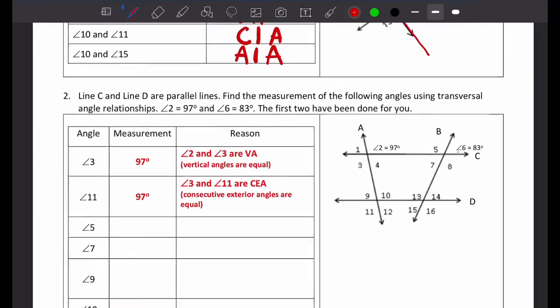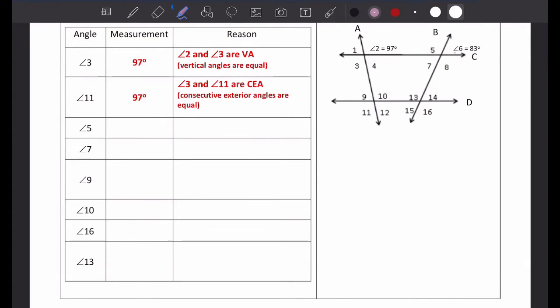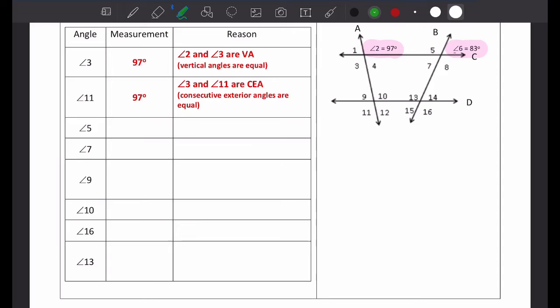Now let's go to number 2, okay? So let's look at what's given. First, we know angle 2 is 97 degrees and angle 6 is 83. Okay, so let me just change this to green. Okay, so let's look at angle 5. There's angle 5. So what is the measurement of angle 5? Now look at it. They are on a straight line. And if the angles are in a straight line, okay, they are supplementary angles.